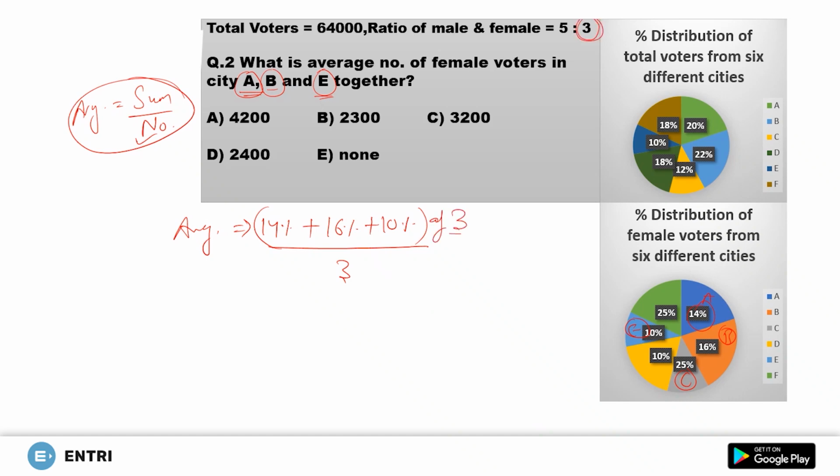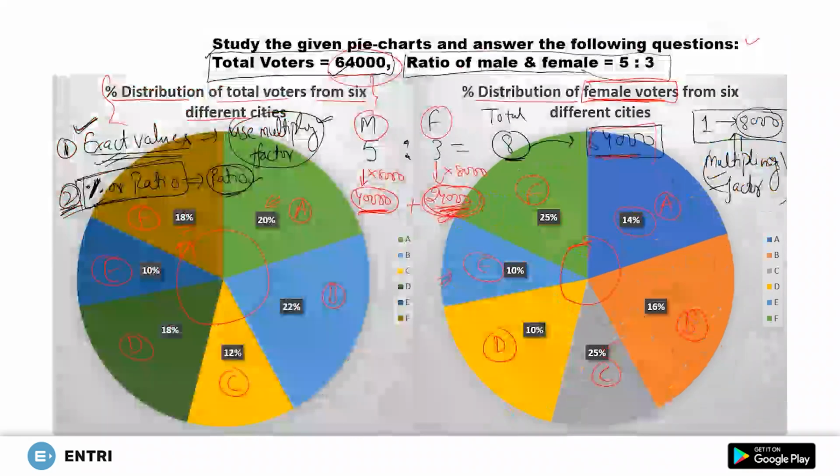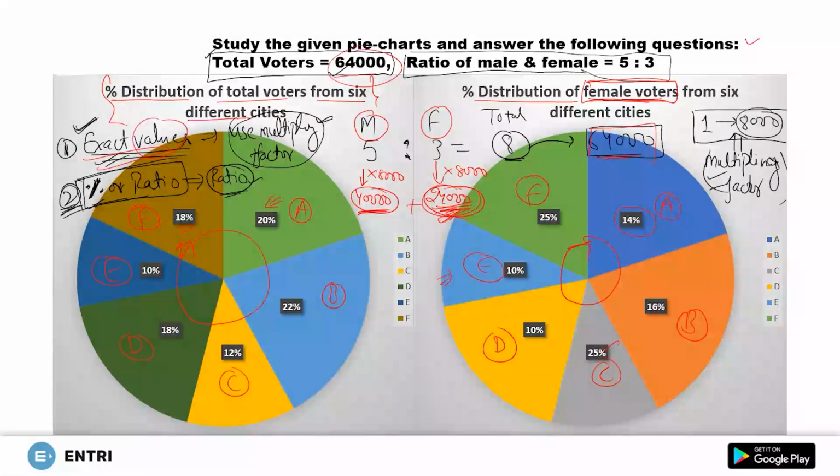Of 8000. Okay. So I have already told you average is an exact number, and when you have to find the exact number, you have to use that multiplying factor. I have told you, na? You have to find the exact value, then you have to use this multiplying factor.